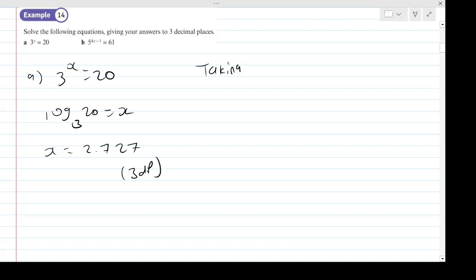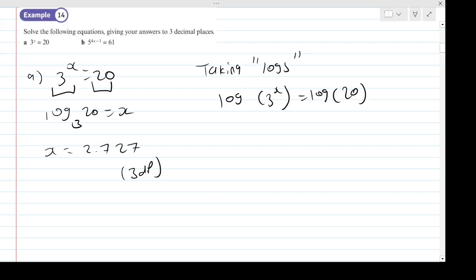Okay, so taking logs means I'm going to log both sides. So I'm going to take log of 3 to the x is equal to log of 20. Okay, that makes sense. So I'm literally putting both sides, both numbers, as logs. Okay, now what base you pick, it doesn't matter.